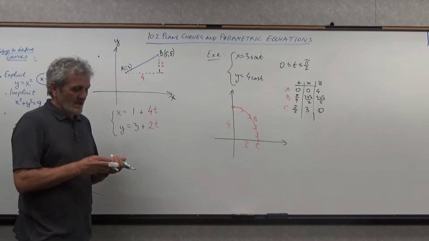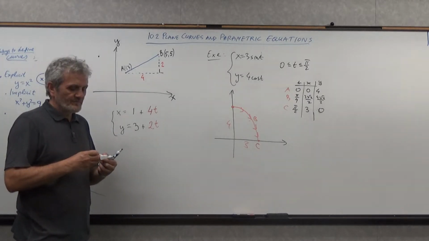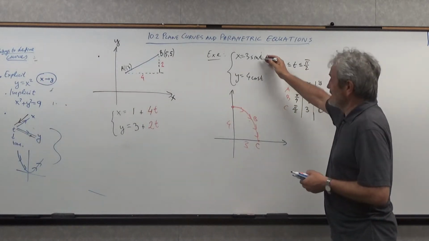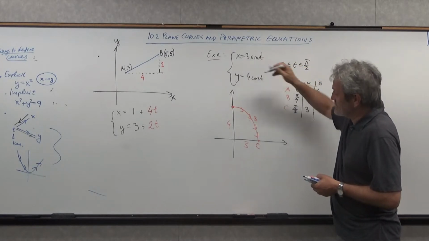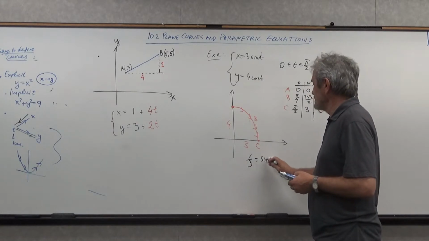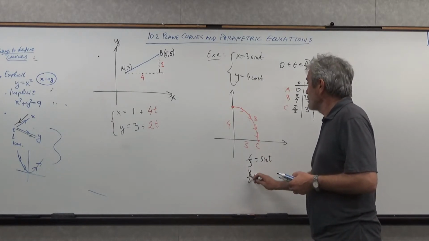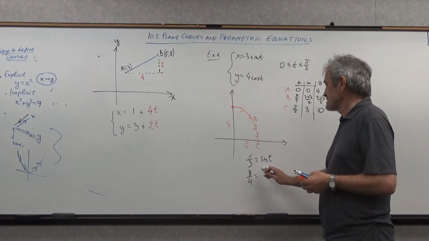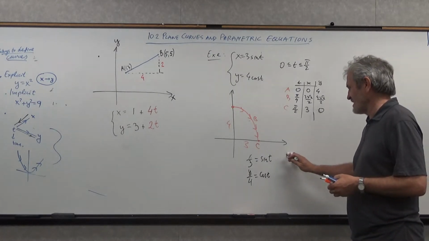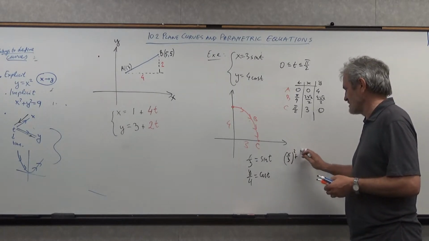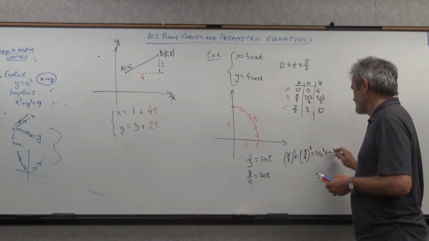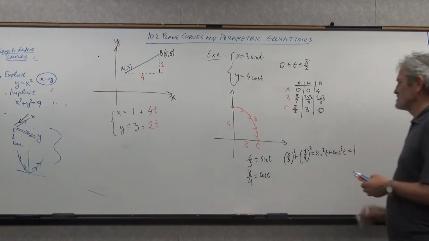One of them is, I can eliminate the parameter. But the elimination of the parameter works a little differently than before. I'm not going to solve for t, I will eliminate it, and I want to use that sine squared plus cosine squared is 1. So here's what I'll do. Let's say x over 3 is sine t, y over 4 is cosine t. And then I square them and add them up, so I get x squared over 9 plus y squared over 16 is sine squared t plus cosine squared t, which is 1.